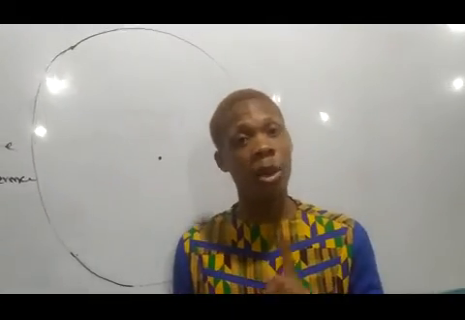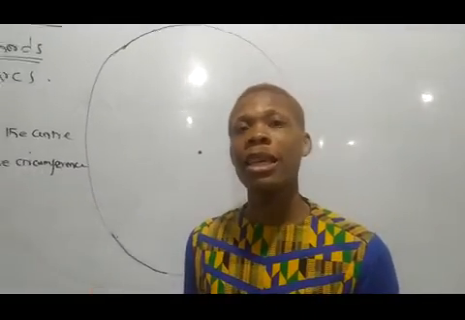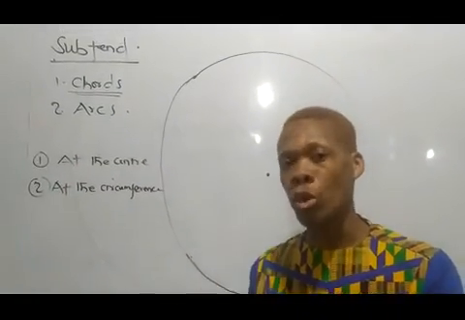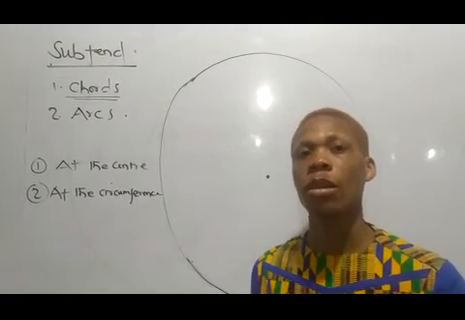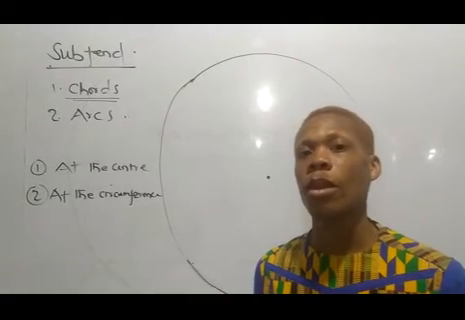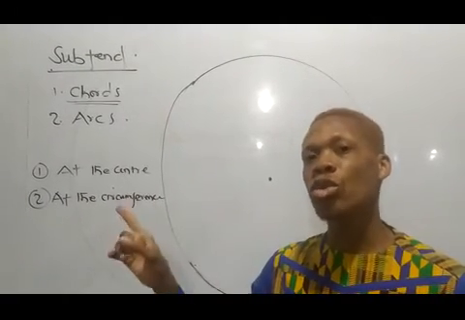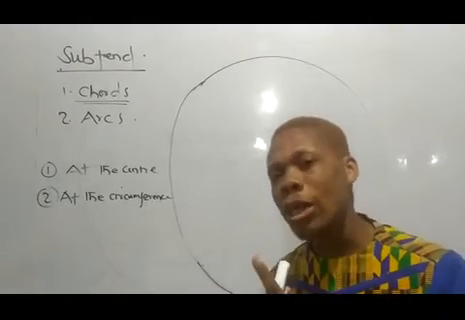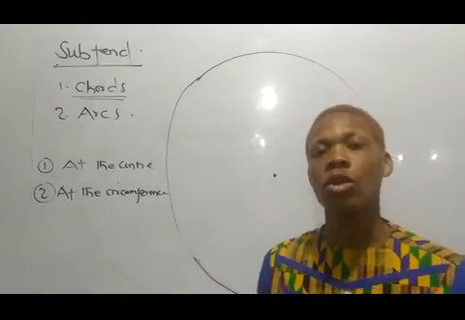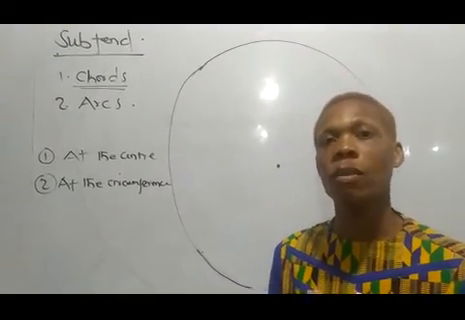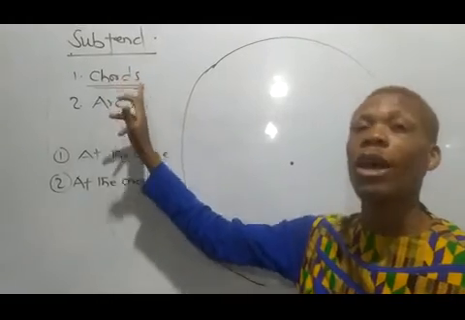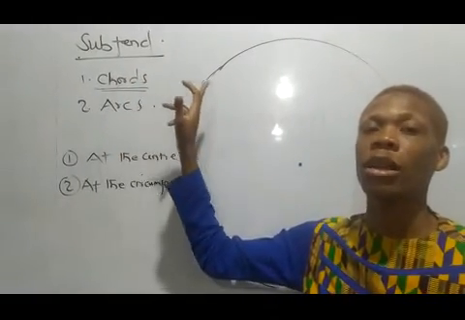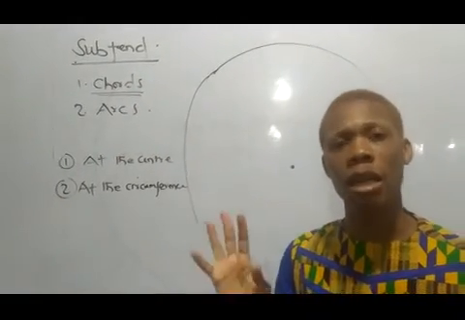Because I want you to get what we are doing, I'm going over the whole thing again. I said the word subtend means to hold. Two, I said we use only chords and arcs to subtend angles, either a chord or an arc.